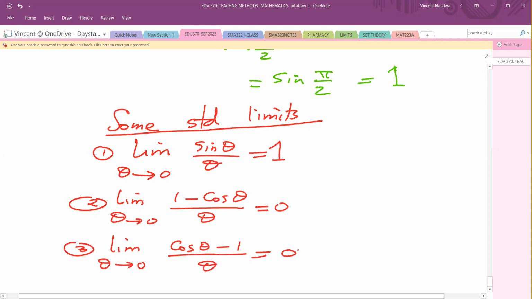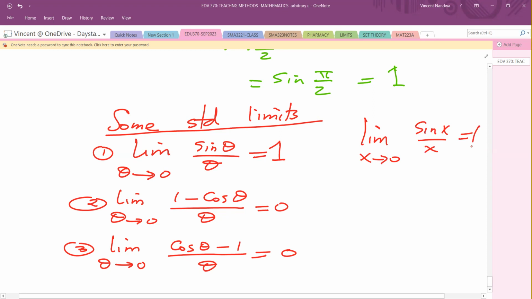And you are very senior to know that nikitoa theta niweke x kila mahali pia they still have the same meaning. They will still be the same thing. Like nikuuliza, what is the limit as x approaches 0 of sine x over x? You should be able to know that the answer is still 1.